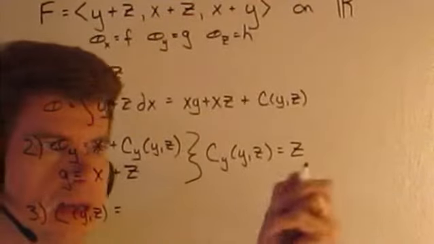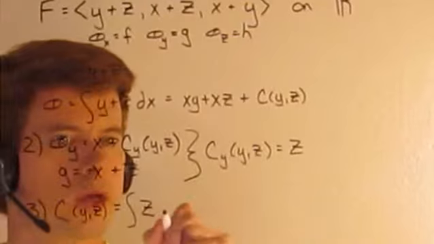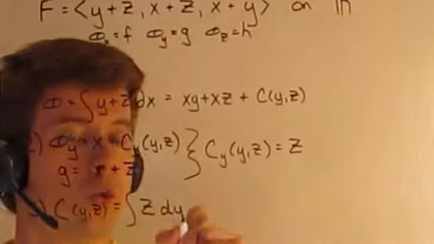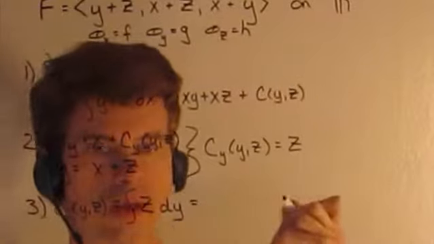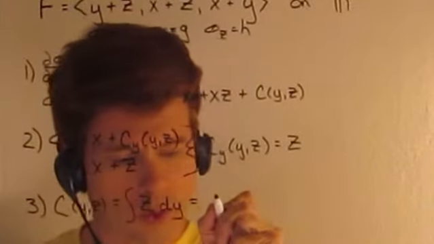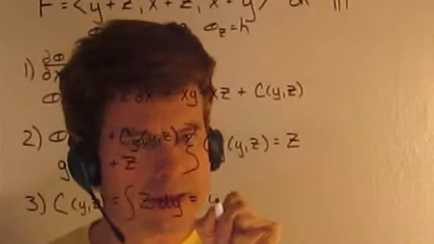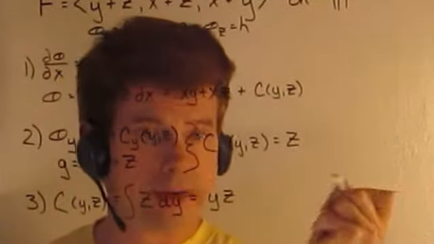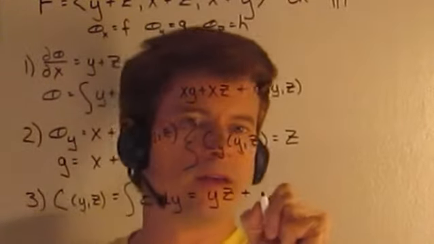That's going to be equal to the integral of z dy, which, simple enough, is going to be yz plus another constant that we're bringing along. We'll go ahead and call this d(z).